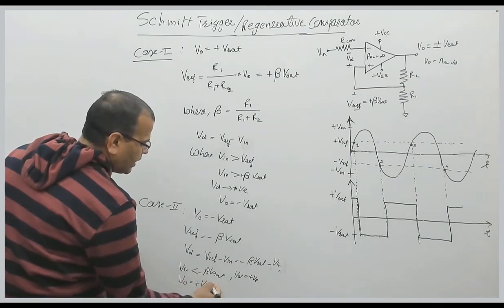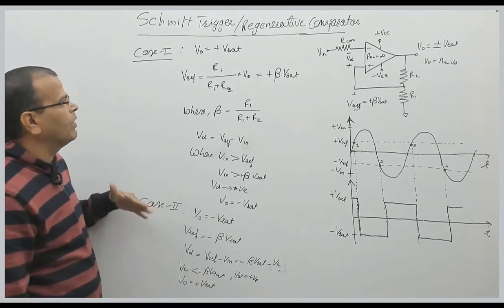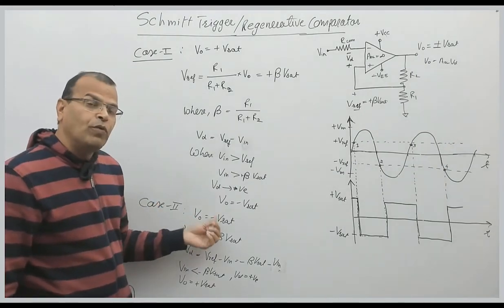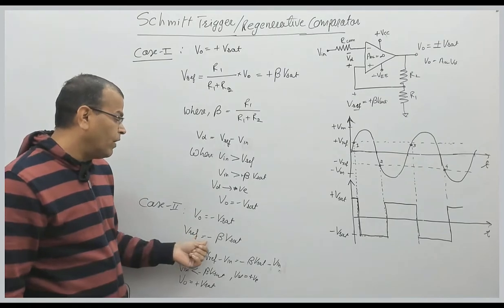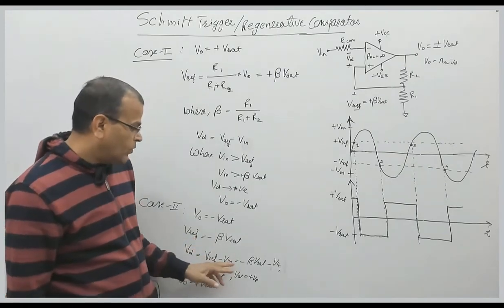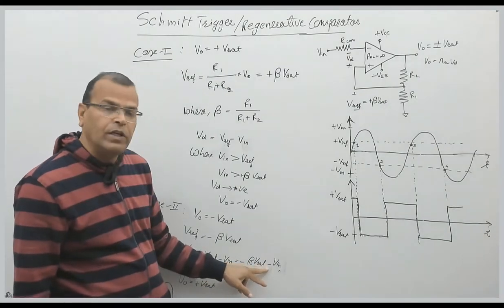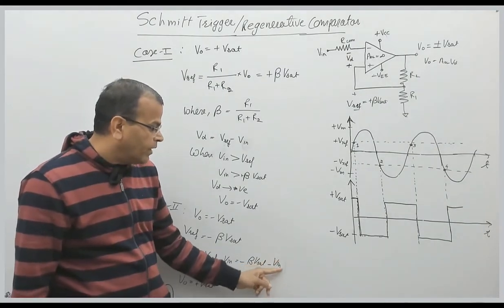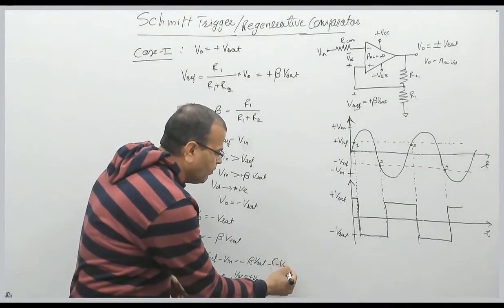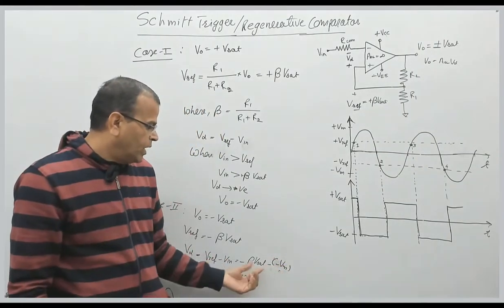I hope you understand the concept. Please understand what I mean to say. The moment output voltage is minus V set, Vref will be minus beta into V set. Vd will be minus beta into V set minus Vin. So when input is negative, suppose input is minus Vm, it becomes plus Vm minus beta V set.